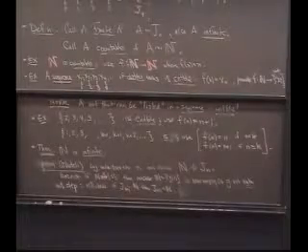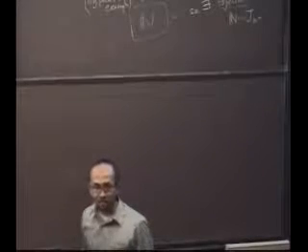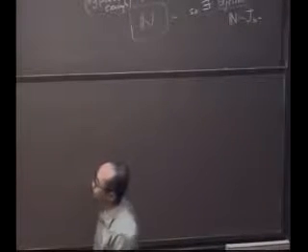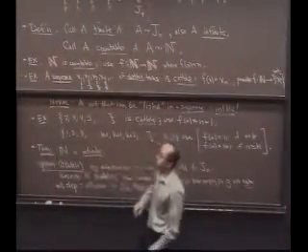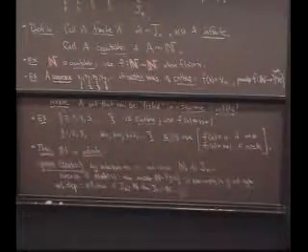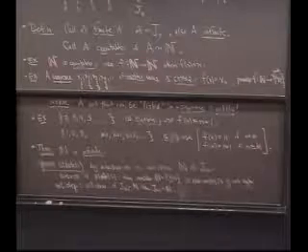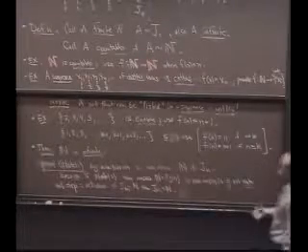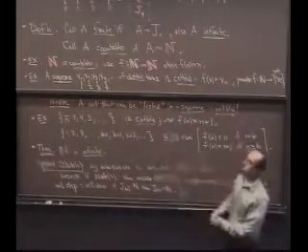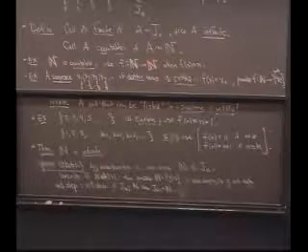How can you have a set that in some sense has the same size as a proper subset of itself? It turns out that that is actually something that characterizes infinite sets. You can show that a set is infinite if and only if it can be put into one-to-one correspondence with a subset of itself. And we've just seen that here.